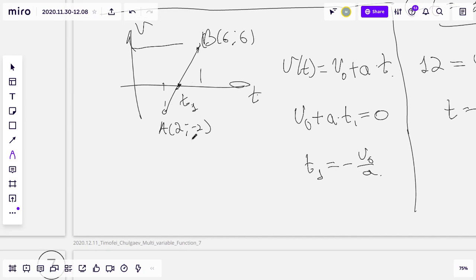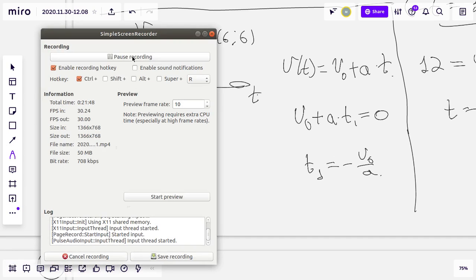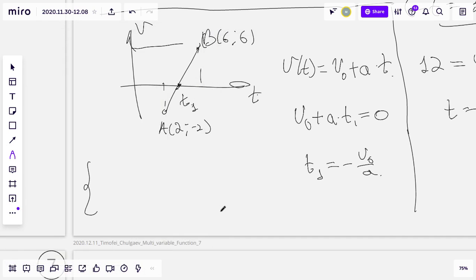We have two points, and that's why we have a system of equations. Point 1 belongs to this line, so the coordinates of this point satisfy the expression of velocity versus t.